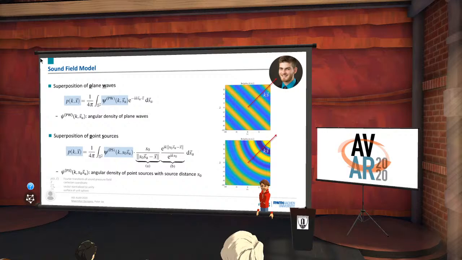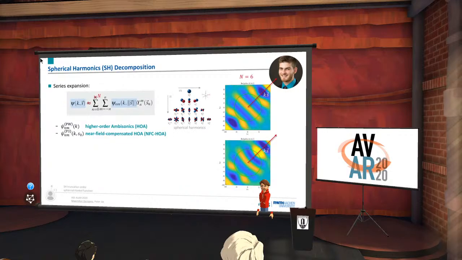So again, you can compare it to the last slide, the plots, and you see that there's now this green circle, which is the approximate region where the sound field is valid. And note that we're here considering normalized distances, so it's k times s, which means for a truncation order of N equal to 6, we would have 1.3 meter diameter of sweet spot at 500 hertz, but if we go to 5 kilohertz, it would be only 13 centimeters.